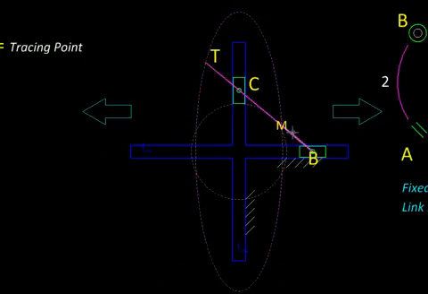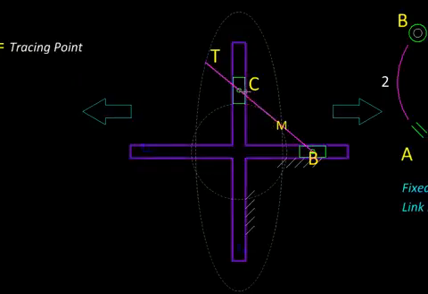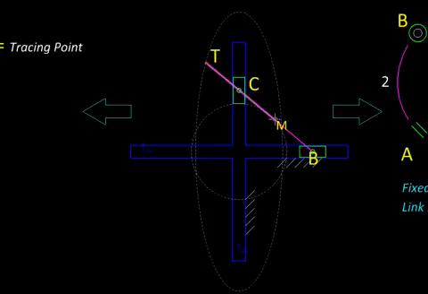But to understand that, let us start with the path traced by this midpoint M of segment CB. The x coordinate of M is given by the horizontal projection of segment CM, and its y coordinate is the vertical projection of this segment MB.